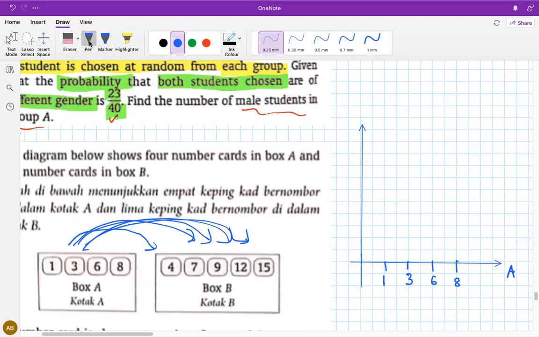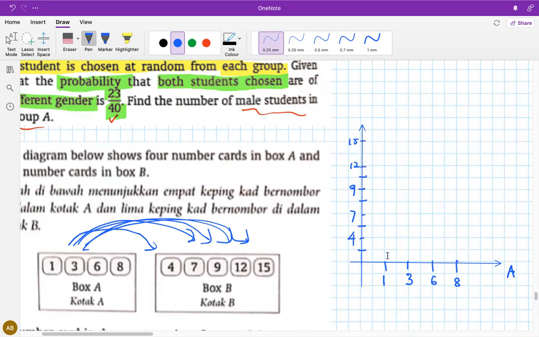Then we can write down 7, 9, 12, 15. Sorry. So here is 15, here is 12, here is 9, here is 7, here is 4.